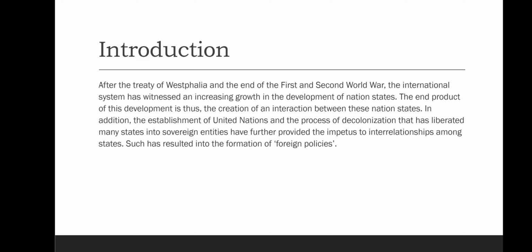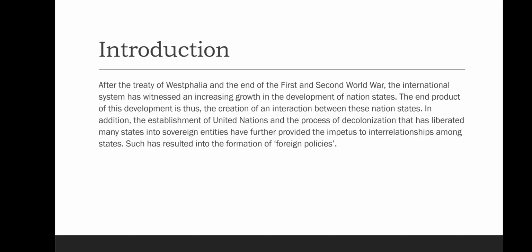After the Treaty of Westphalia in 1648, and after the end of the First World War and the Second World War, the international system witnessed the development and growth of nation states. So the end product was the creation and interaction of nation states.